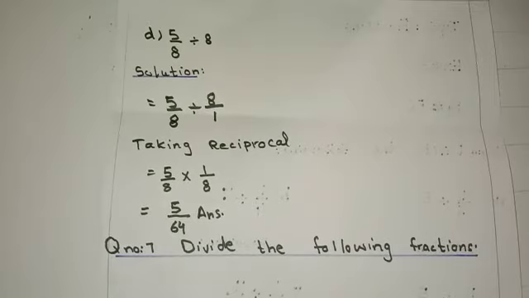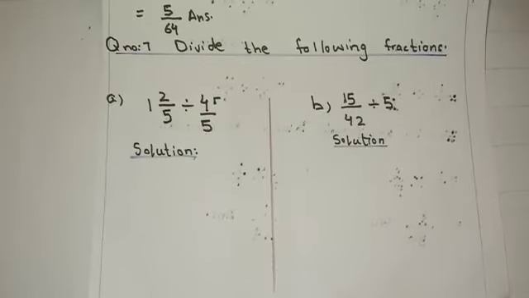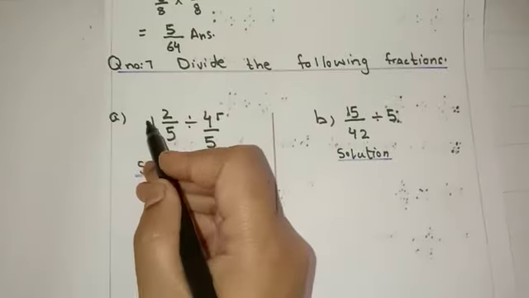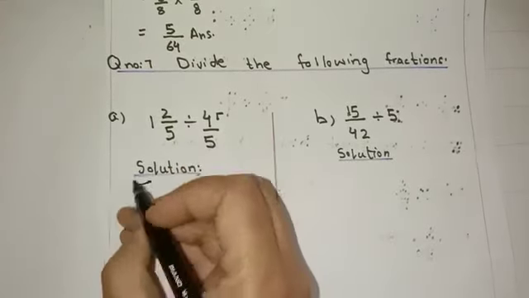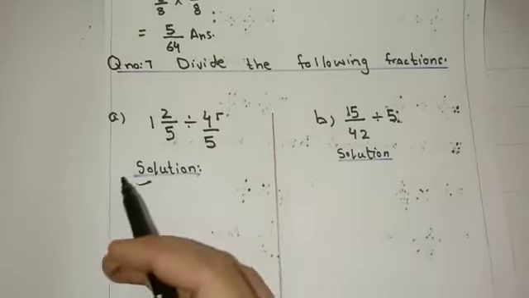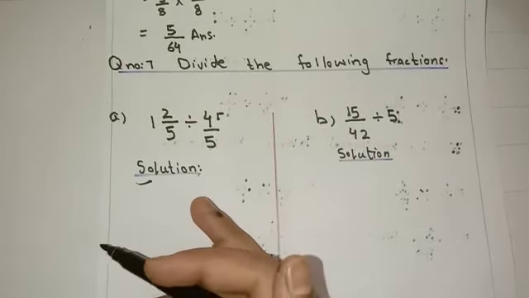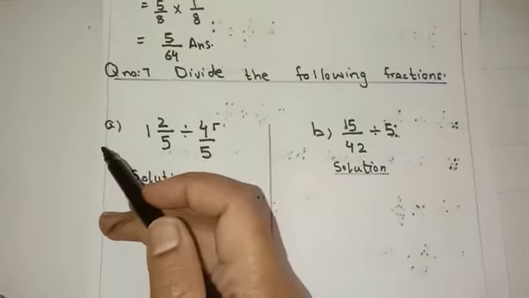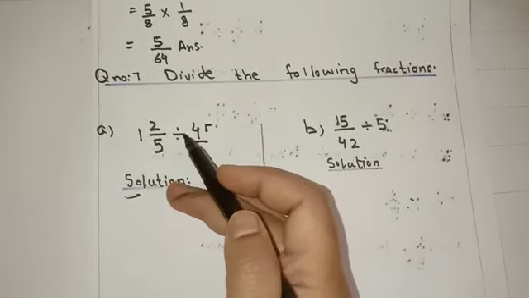In question number 7, divide the following fractions. A part is 1 whole 2 over 5 divided by 4 over 5. So you know that when we have to divide or multiply fractions, we have to change them into a similar form, meaning both should be in mixed fraction form or both in simple fraction form.